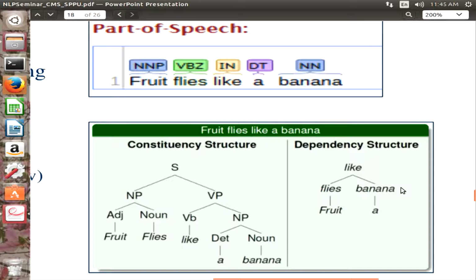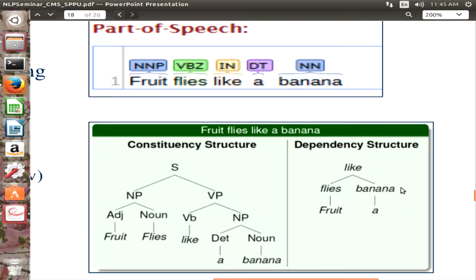Fruit flies like a banana. Now, whether it's possible or not is a different question. We don't care about that in linguistics. That's a different study in semantics, truth values and whatnot. We are not going into that. In purely structural linguistics, this is possible. Why not?